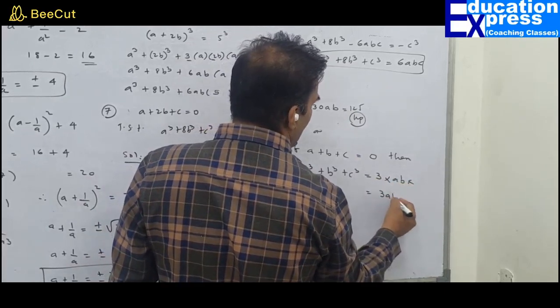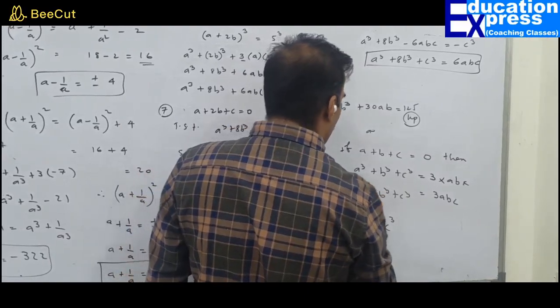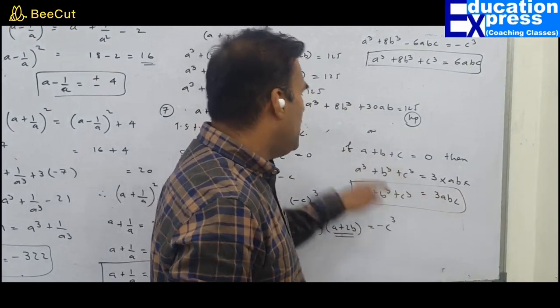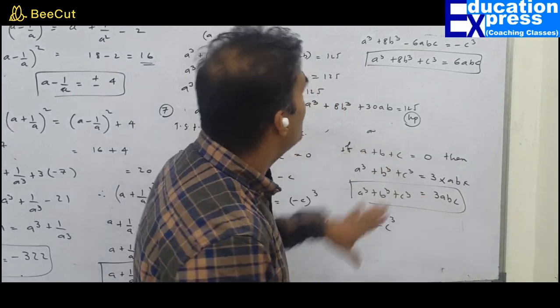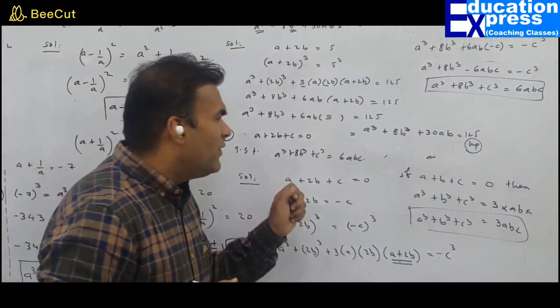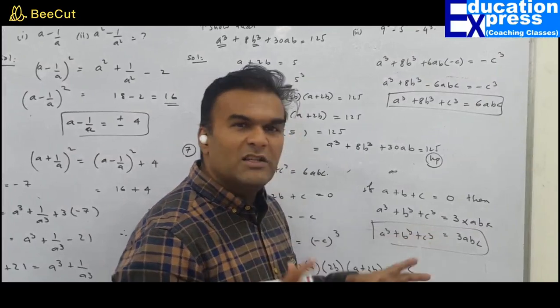That means a cube plus b cube plus c cube equals 3abc. This formula is applicable if and only if a plus b plus c equals 0. Question number 8 gives you entire insight with respect to applicability of this formula.